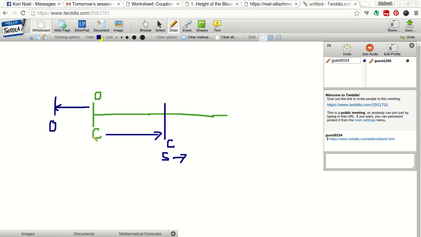Now, the displacement is how much? Can you tell me the net displacement between these two, the observer and the car? You already know that this is 15 meters, that is given in the question.